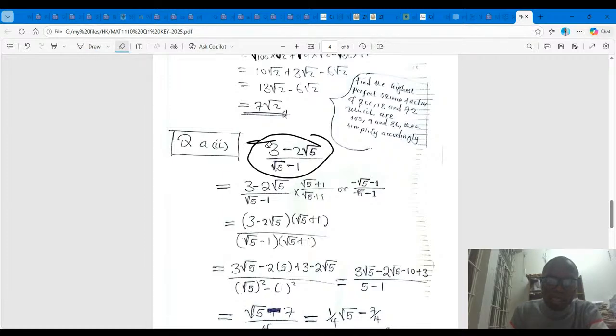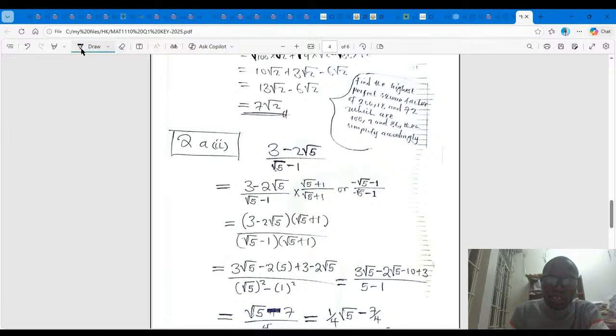The conjugate of the denominator here is this one. It doesn't matter, it could be this one or this one. If you do any one of the two, you will get the same answer. So I used this one and multiplied through.